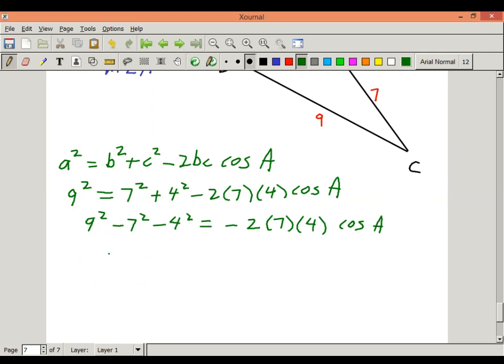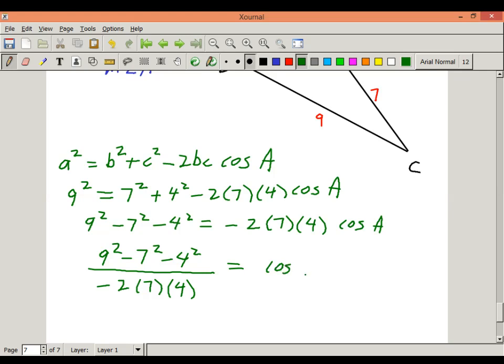So we got 9 squared minus 7 squared minus 4 squared divided by negative 2 times 7 times 4. Those are all now gone from the right side. That's equal to cosine of A.